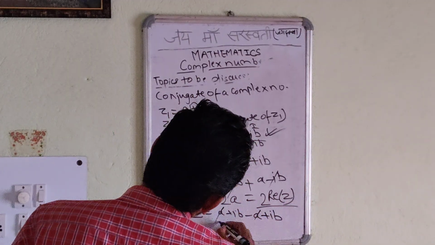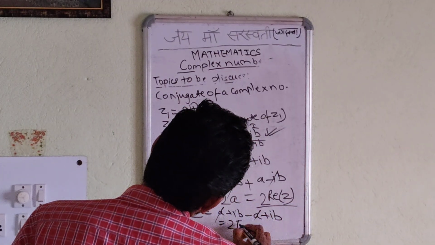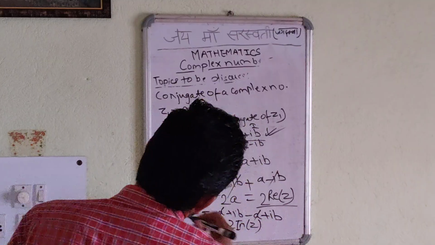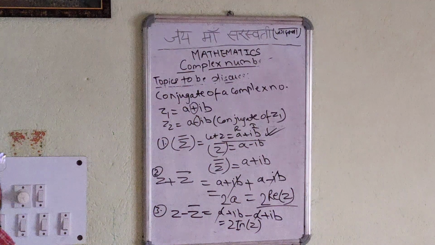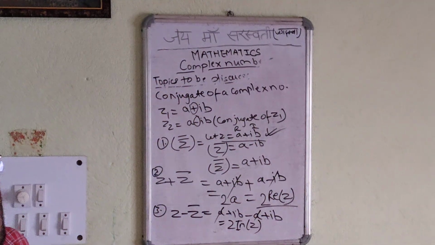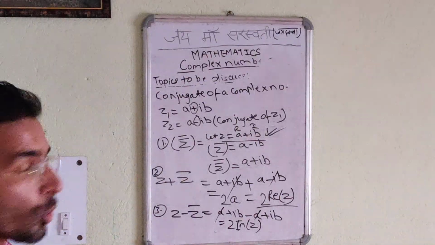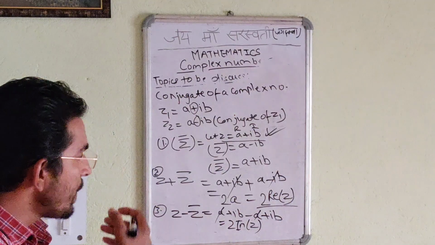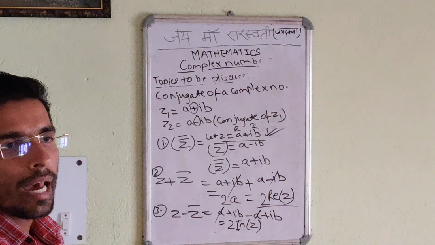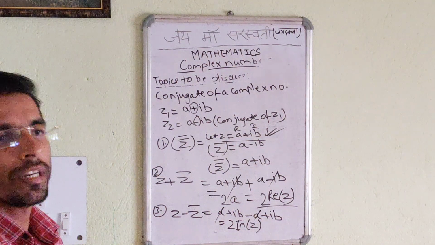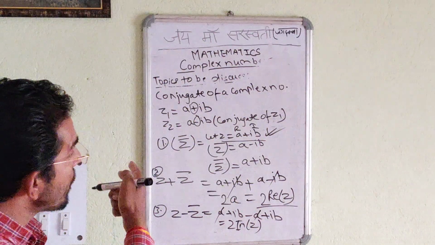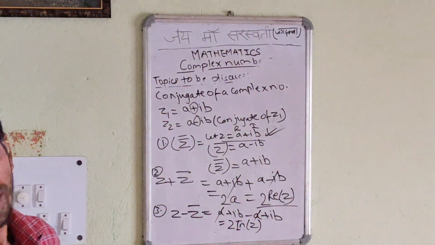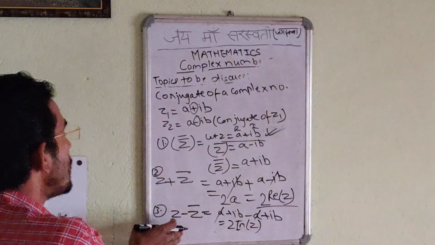It is 2 times the imaginary part of z. So if we subtract a complex number from its conjugate, we get as output twice the imaginary part of z, where we had stated z is equal to a plus ib. So that is basically the third property.